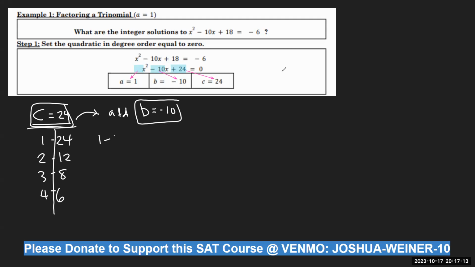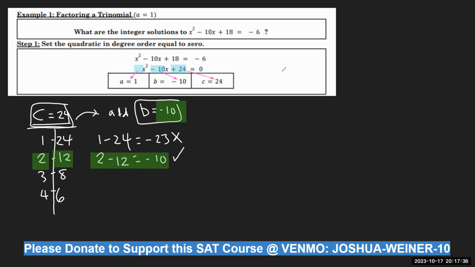So 1 minus 24 is negative 23, so it's not that factor pair. 2 minus 12 is negative 10, and we have a winner, 2 and negative 12. So those precisely equal negative 10.